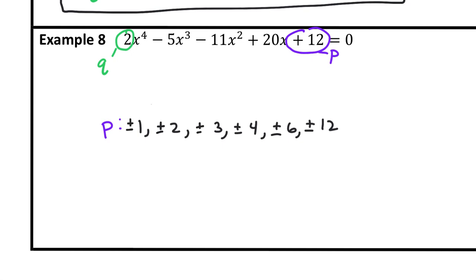Now let's do q, which is 2 again, so it's just 1 times 2. That's the only way to get 2. So positive, negative, positive, negative.